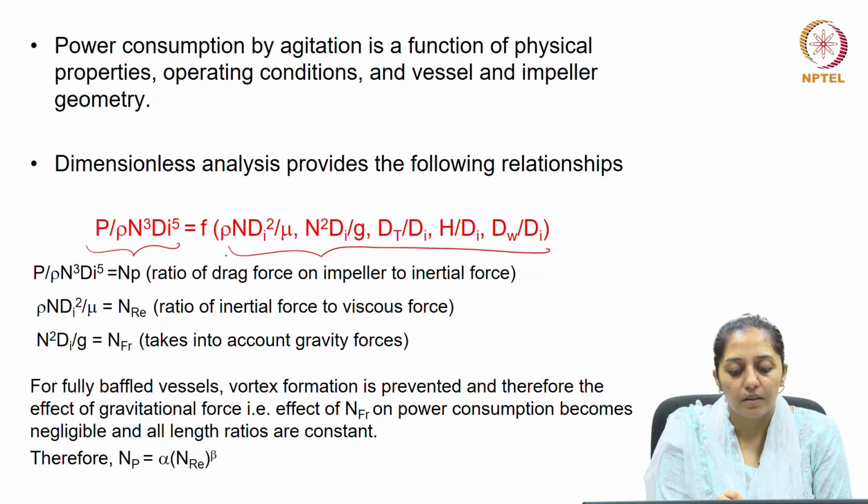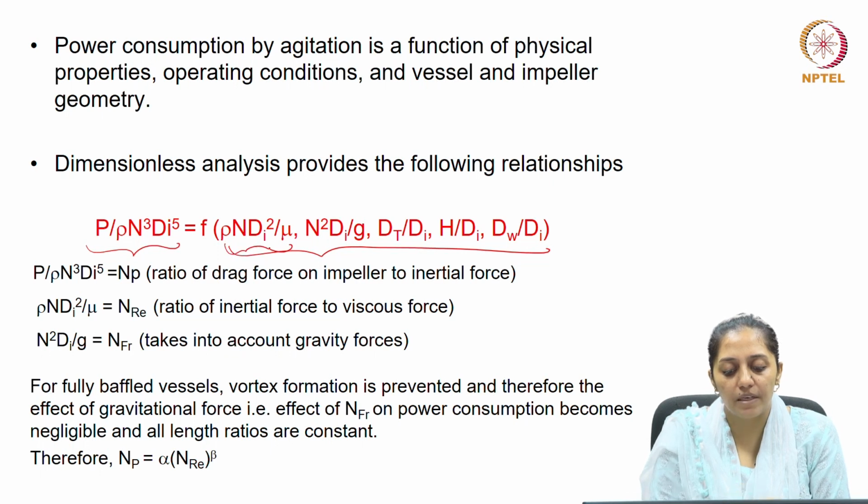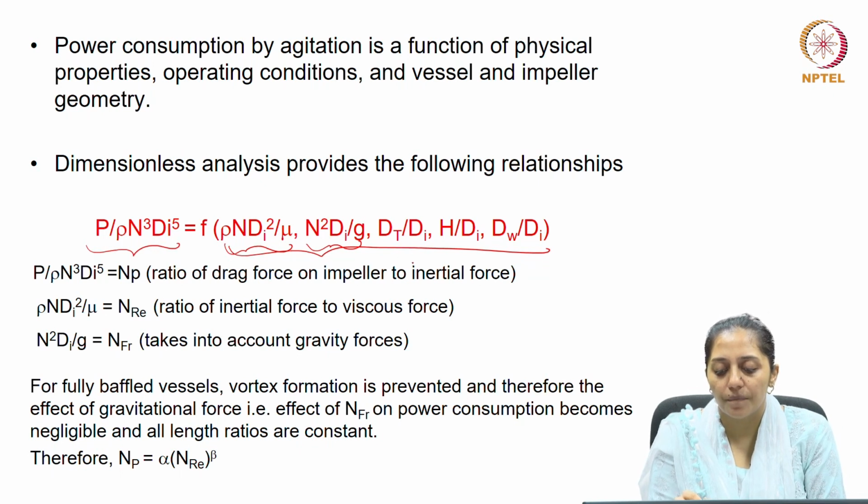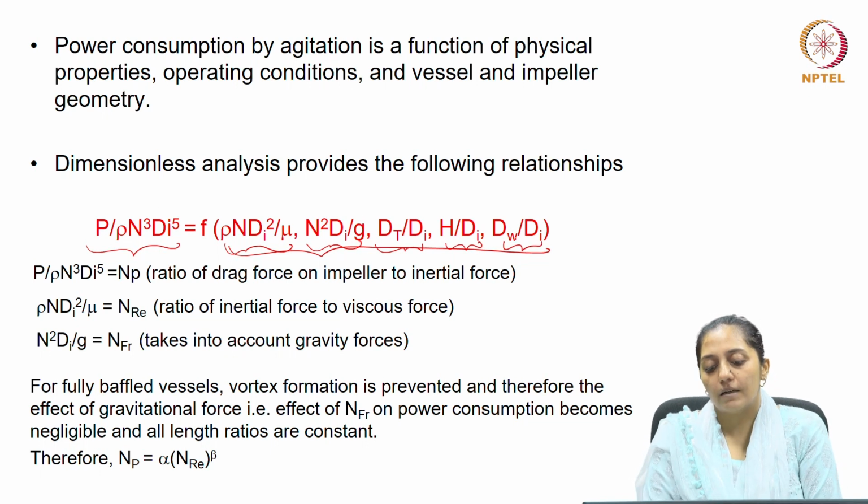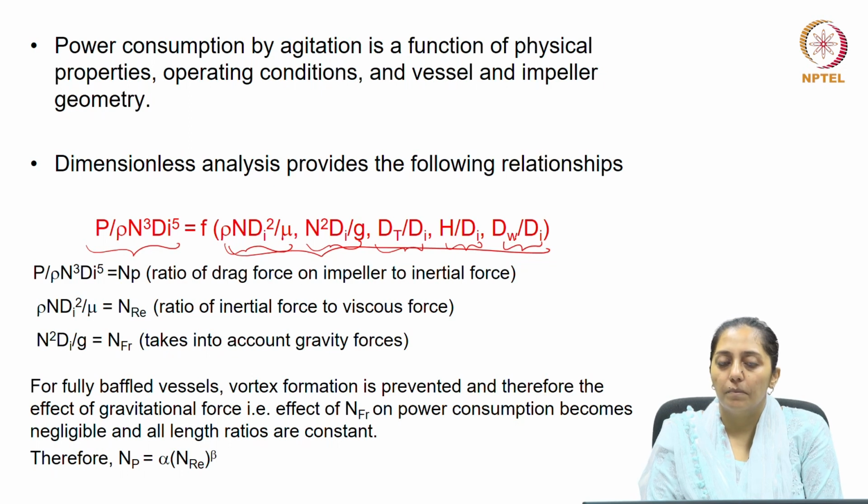Like the first dimensionless number is the impeller Reynolds number. Then the second one is your Froude's number, which takes into account the gravitational forces. The Reynolds number, we all know, is the ratio of the inertial forces to viscous forces, and then the rest of these are relating the geometrical parameters to the power consumed.